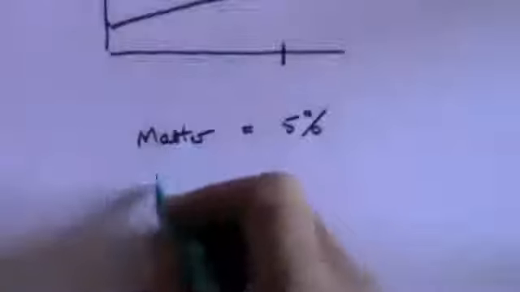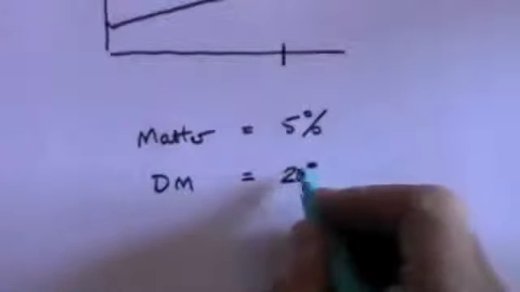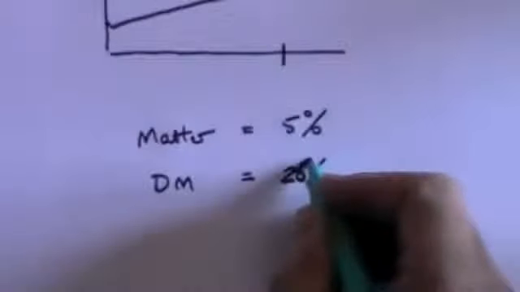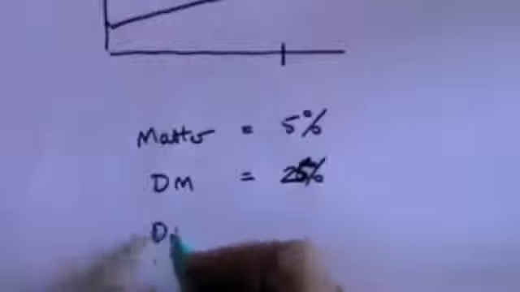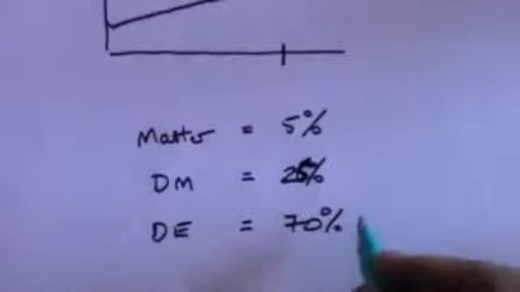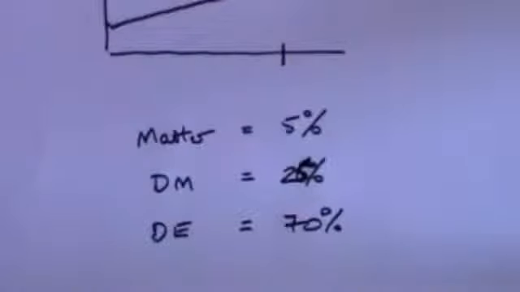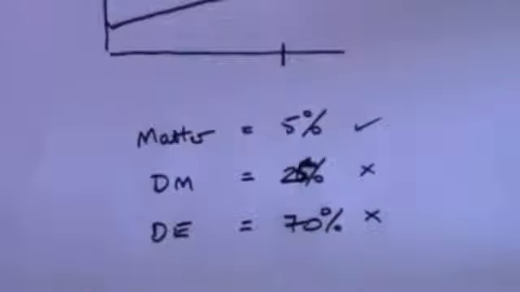There is something called dark matter, which is about 20% or 25% of the universe, and there's something called dark energy, which is the remaining 70% of the universe. So this we kind of understand reasonably. These we don't understand at all.